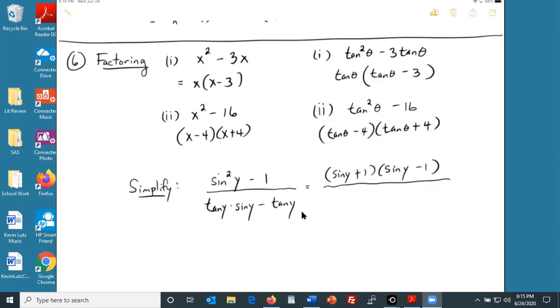But downstairs, there's a common factor. And hopefully we can all agree that the common factor there is tangent of y. So you factor tangent y out of both terms there, and that leaves you with sine of y minus 1.